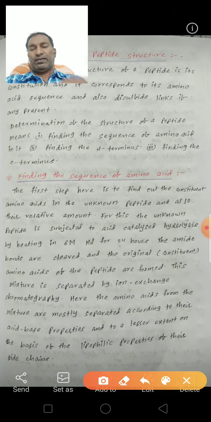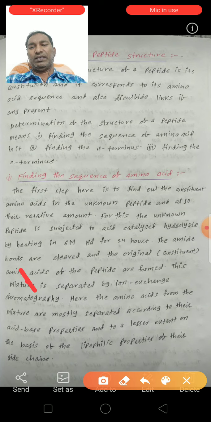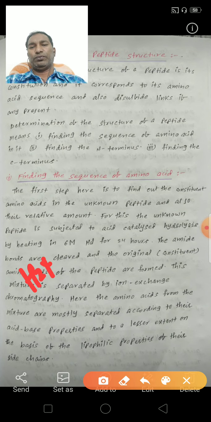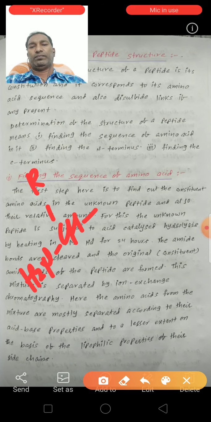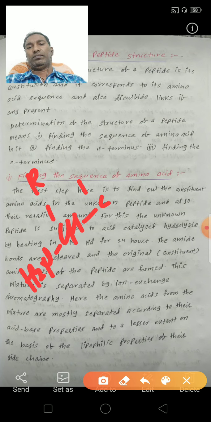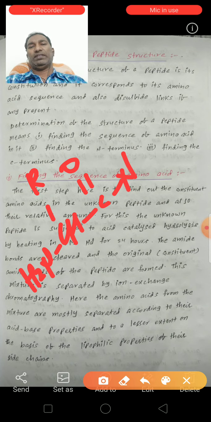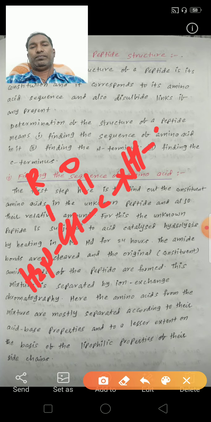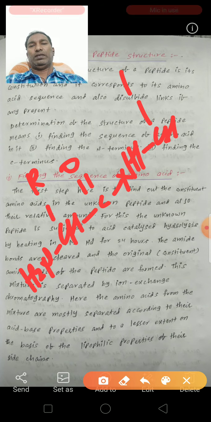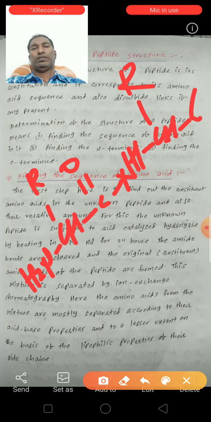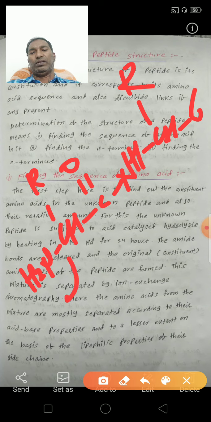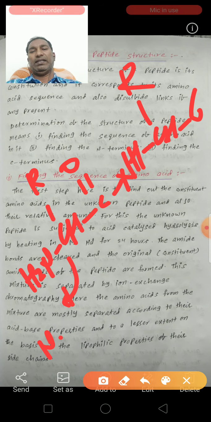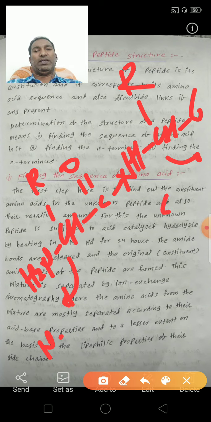For example, take any amino acid, NH2, CHR, CONH, CHR, COOH. This left side part is the N terminus and the right side COOH group is the C terminus.